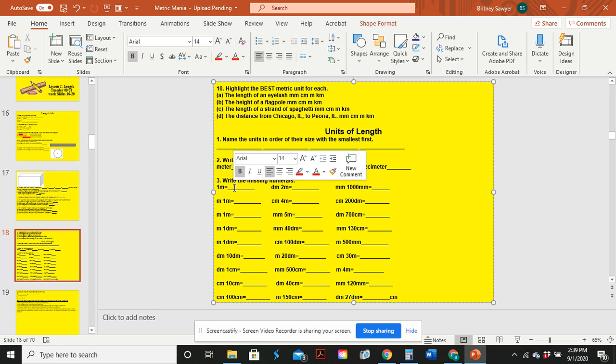So this is 1 meter, so you're going to put the number 1 right here. Okay, same so on and so forth. Okay, so you have 2 meters going to a decameter, so you're going to have 20 dm. Okay, so you're converting it, you're practicing converting.